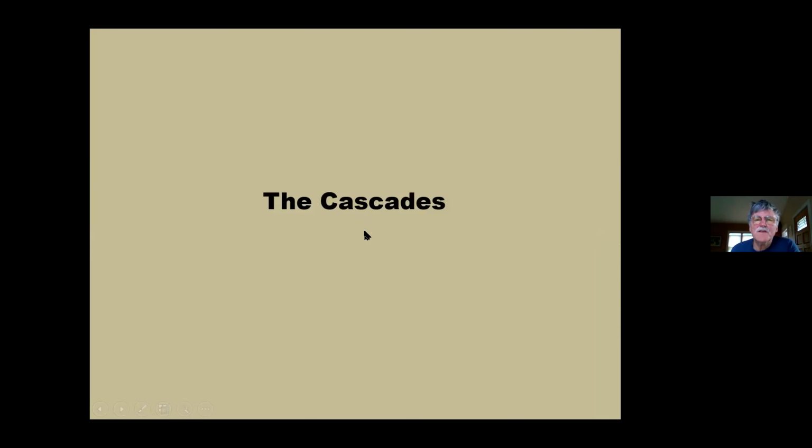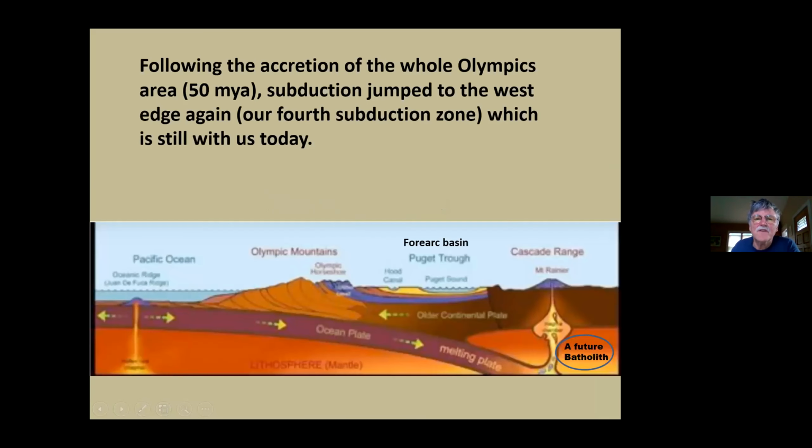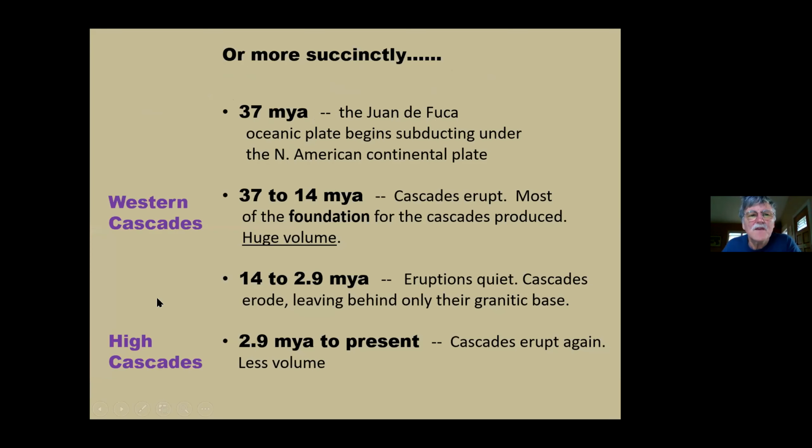So let's do a quick story, the Cascades. As I said, the ocean plate started subducting again, so we started having the Olympics start forming. And around 50 million years ago, actually more like 37, 40 million years ago, it started flooding out basalts in this area, okay?